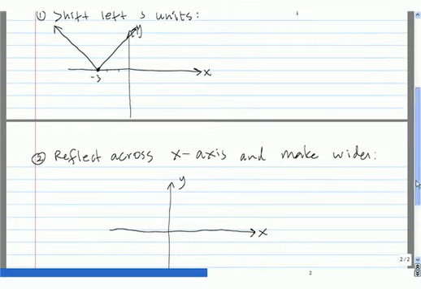Okay, so let's take a look at what we're going to do. The vertex is going to stay the same at -3, 0. But this segment right here is going to be flipped to go across here.